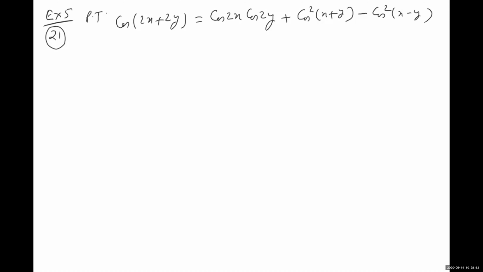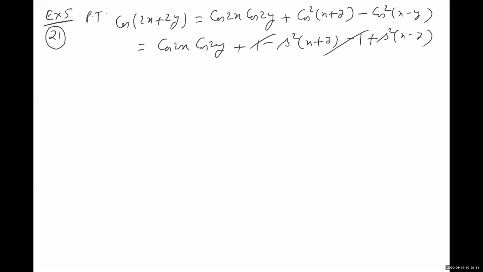So in this question, what you can do, you can write this as cos 2x cos 2y plus cos square can be written as 1 minus sin square x plus y minus 1 plus sin square x minus y. So this one will cancel. So this is equal to right hand side. I'm starting from the right hand side because that is easy to prove.